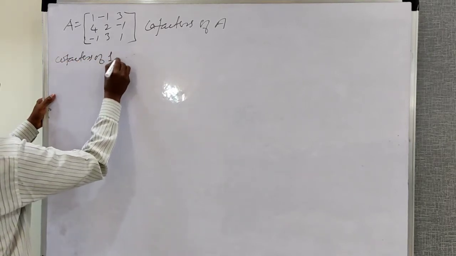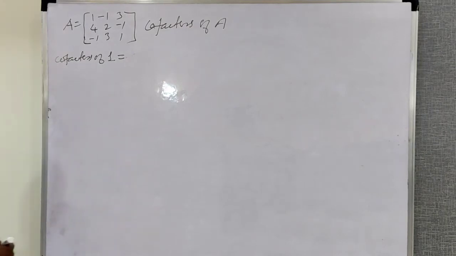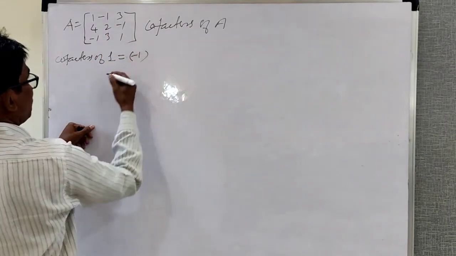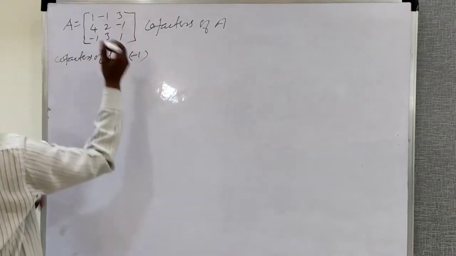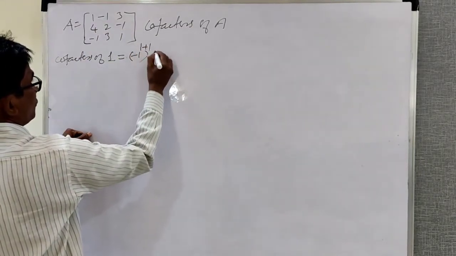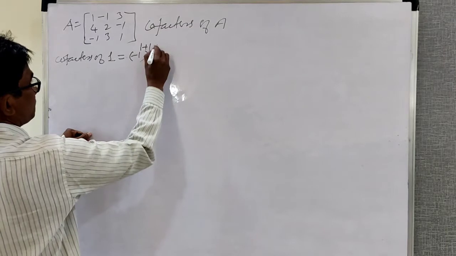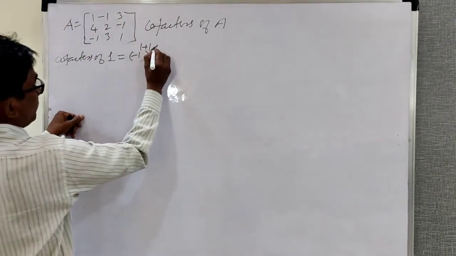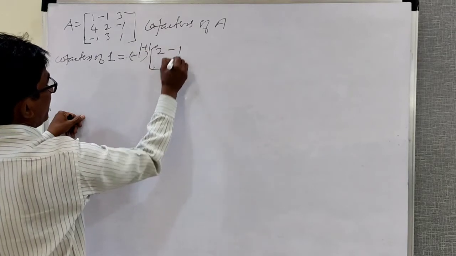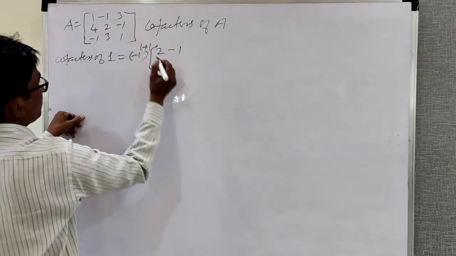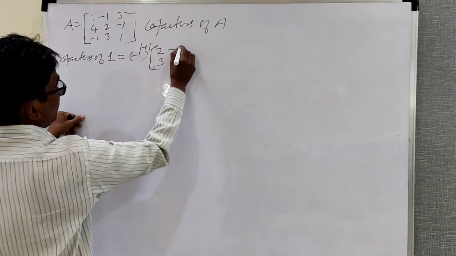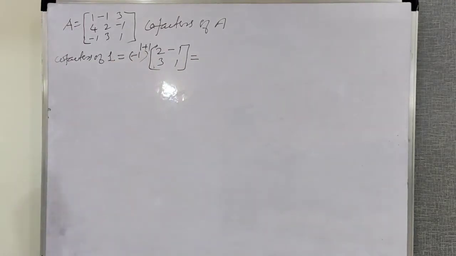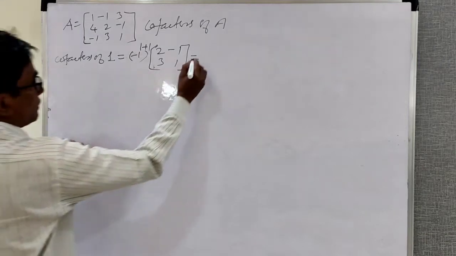Cofactor of 1. So what is cofactor of 1? That is minus 1 into 1 comes in first row, first column. First row, first column. And the cofactors are 2, minus 1, 3, 1. So minus 1 power 1 plus 1 means 2. 2 is even number, therefore it is plus 1.